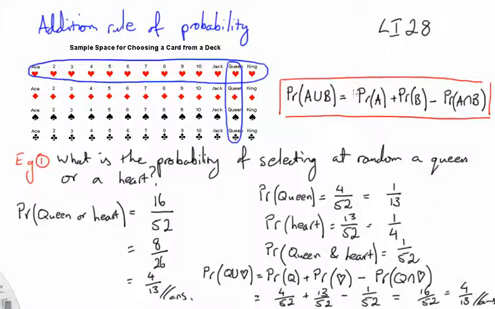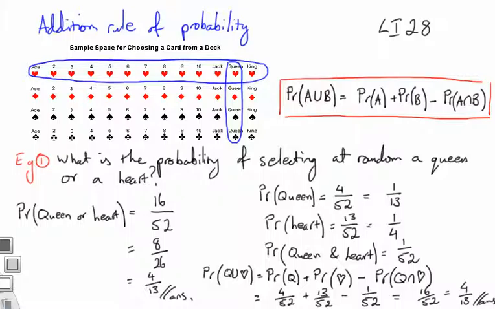Well, what's the point of this formula if you can do it this way? The point of this formula is to understand the addition rule of probability. What this is saying is you can add probabilities provided you minus off where they intersect, where they overlap. So in this case, it's saying you can add the probability of drawing a queen or a heart to find the probability of getting one or the other, but you've got to get rid of the intersection so you don't count it twice.